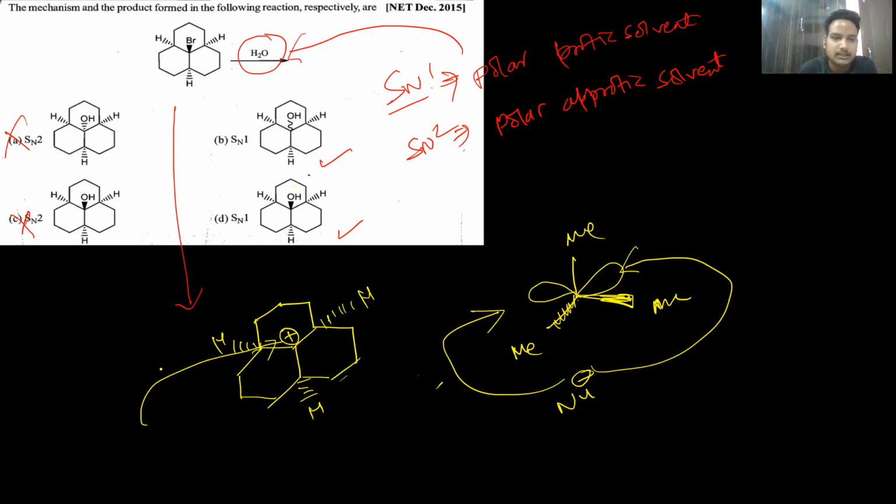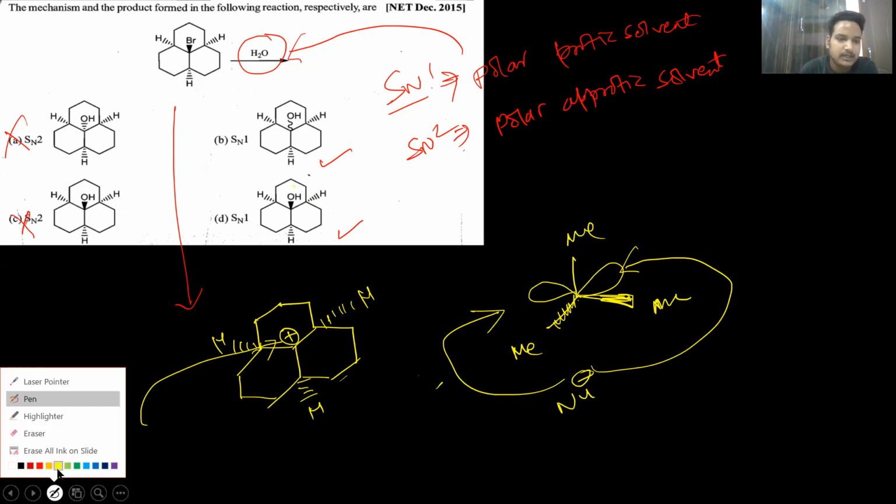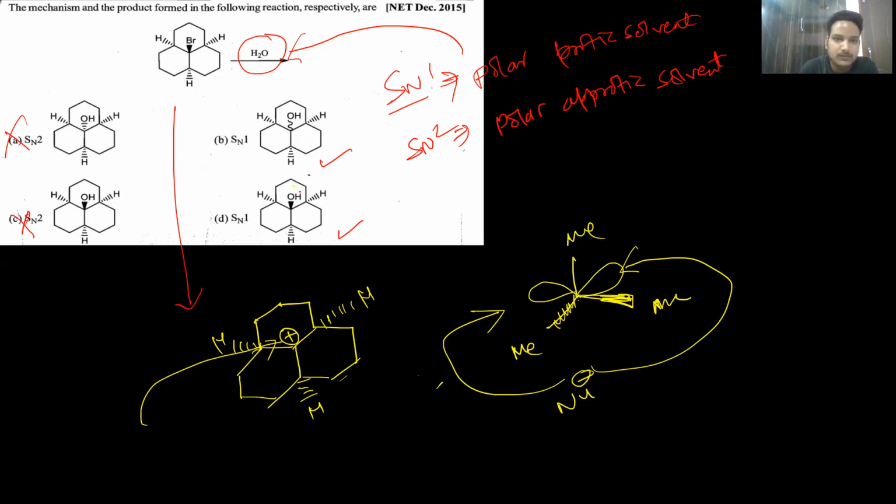We cannot say that this is perfectly going to be the alpha face or beta face. So beta face is not 100%. And if we make this wedge bond, that means 50% of OH is above and 50% of OH is below. That means this is a racemic product. So option number D is not the correct answer. So we end up with this option, which is our correct option.